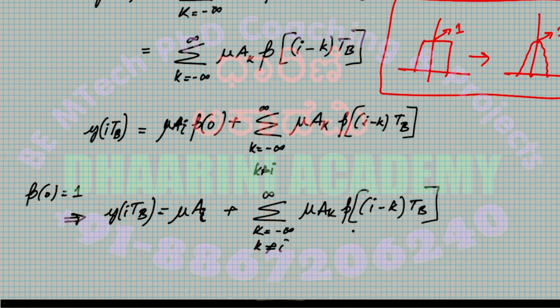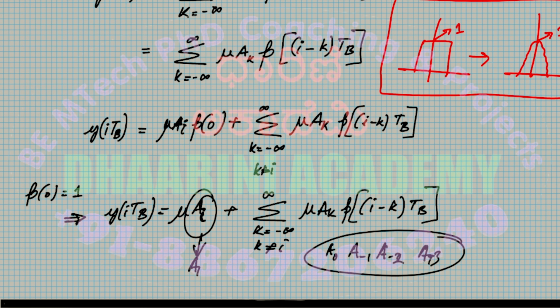You see the meaning of this. If a1 is what I am trying to receive, a1 also gets affected by the others, because k from minus infinity to infinity will always include a0, because k is 0 is valid, a minus 1, a minus 2, a minus 3, and so on.